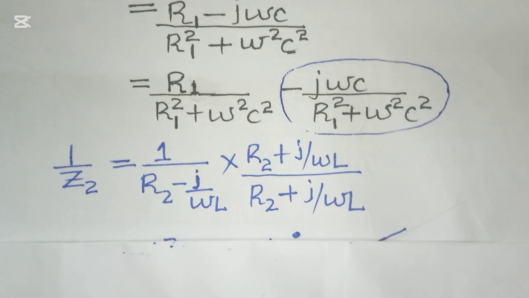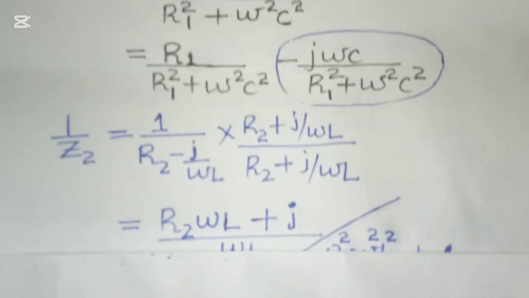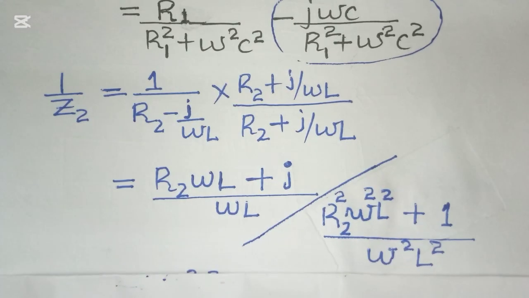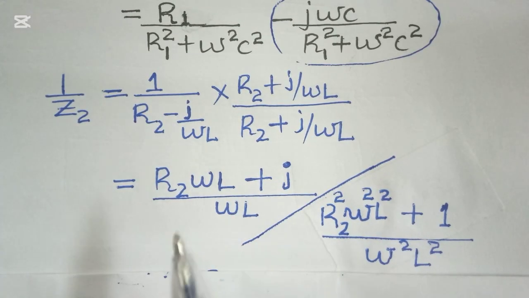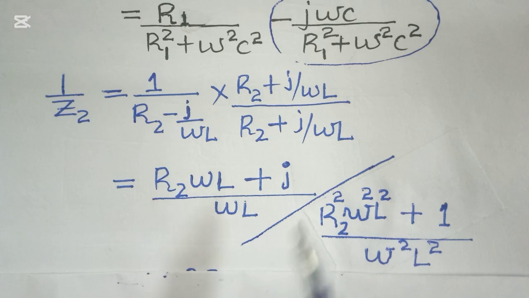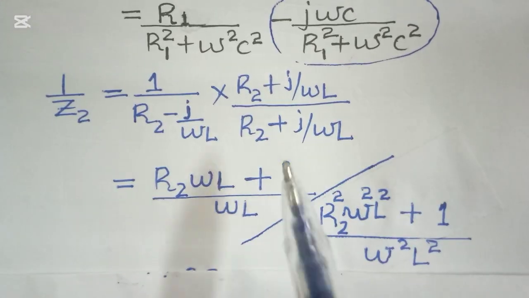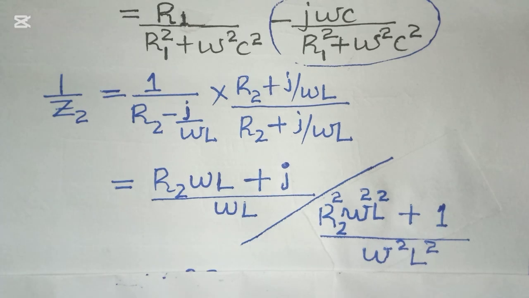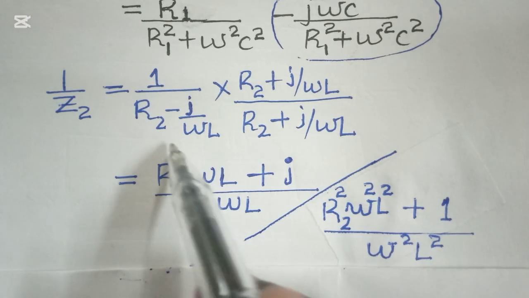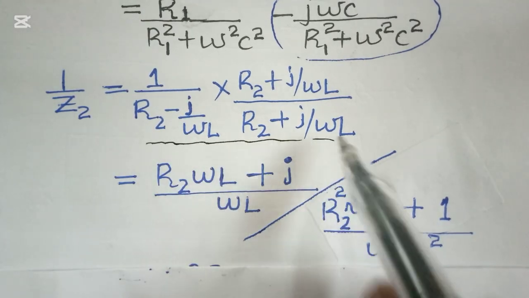So when we multiply that, we are going to have something like this. And how does this come about? For this term here, I'm talking about the denominator.